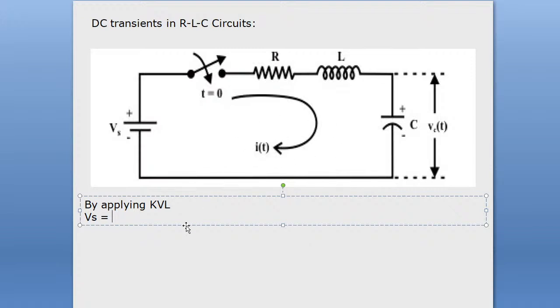So we can write the voltage drop across R as VR, plus the voltage drop across the inductor VL, and the voltage drop across the capacitor VC(t).